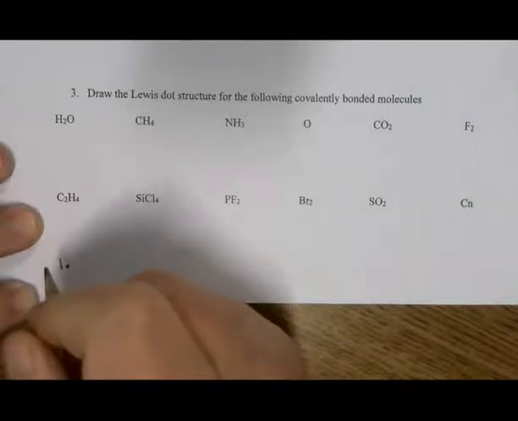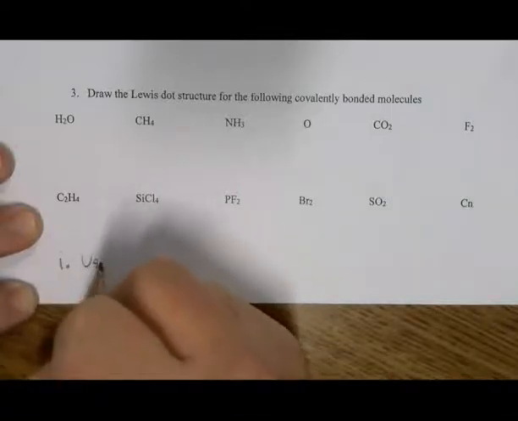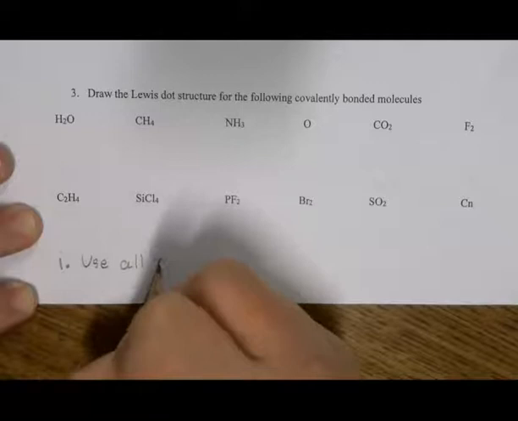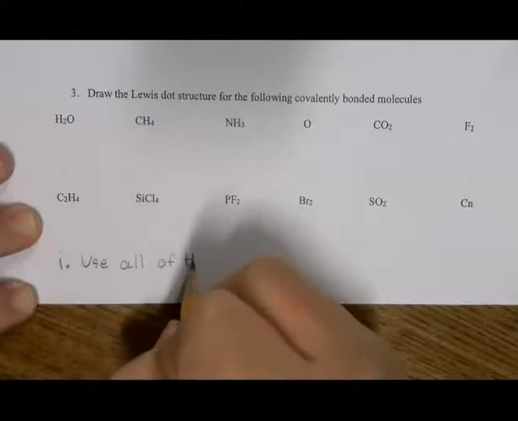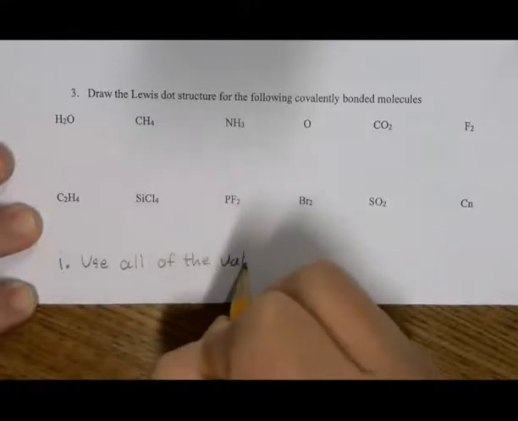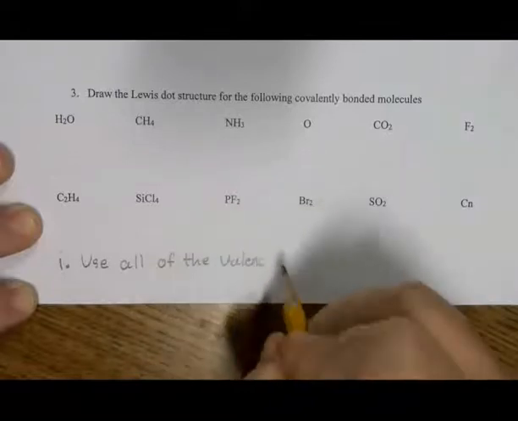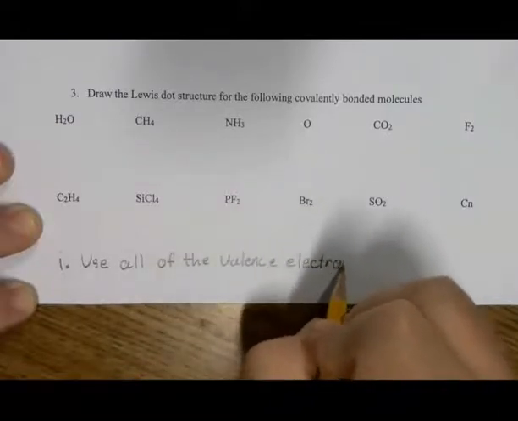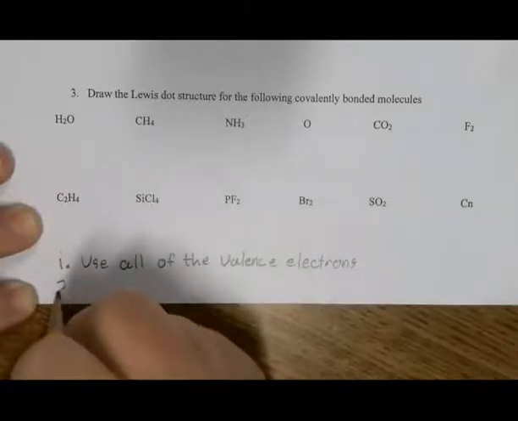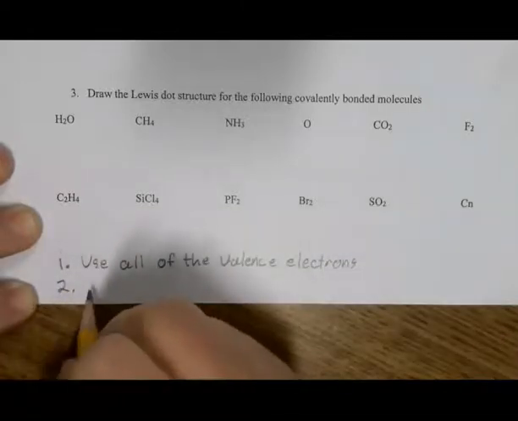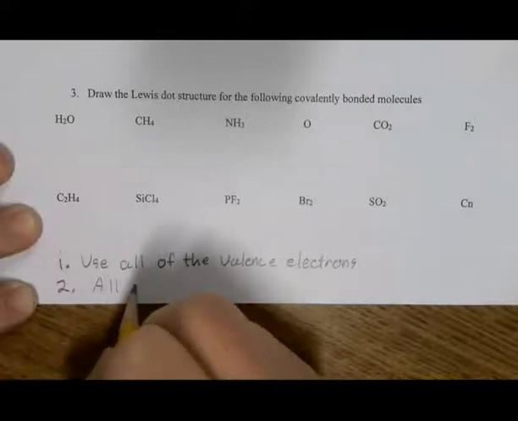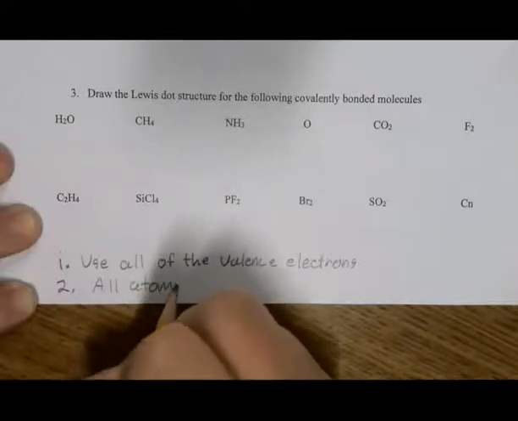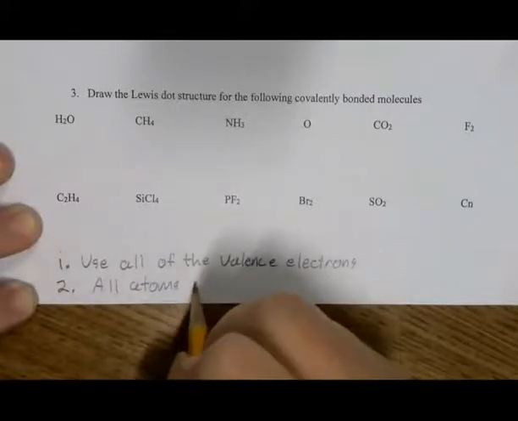The first is you have to use all of the valence electrons. And the second rule is that all atoms must have a full octet.